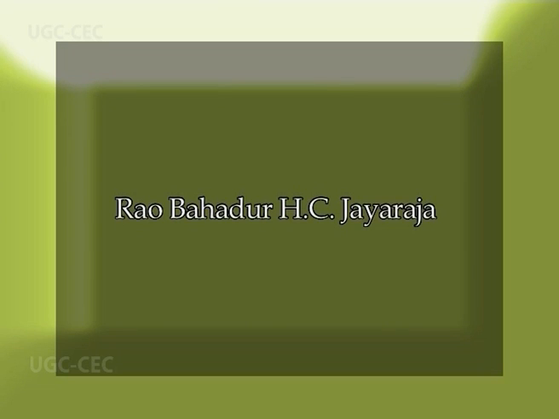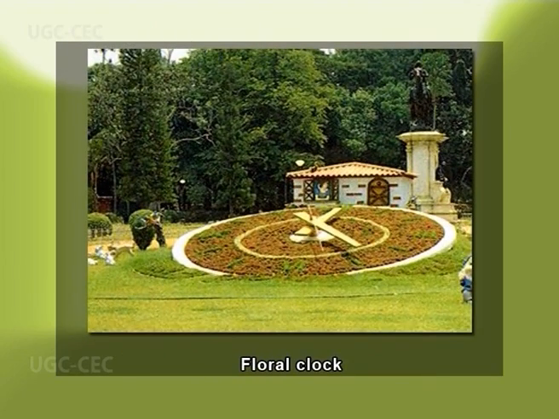Later, this garden was converted to proper botanical garden in 1856 and Rao Bahadur H.C. Jairaja was its first Indian director. The garden has 2 greenhouses. The floral clock, which has been installed in the garden in 1983, is the first of its kind in India and the second in Asia.